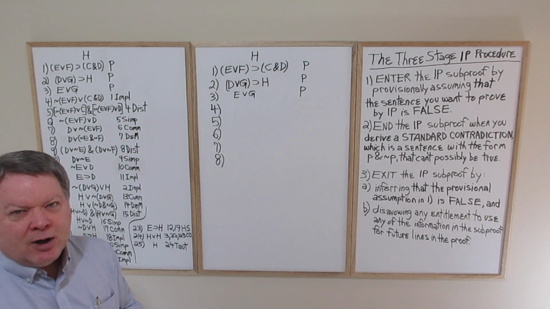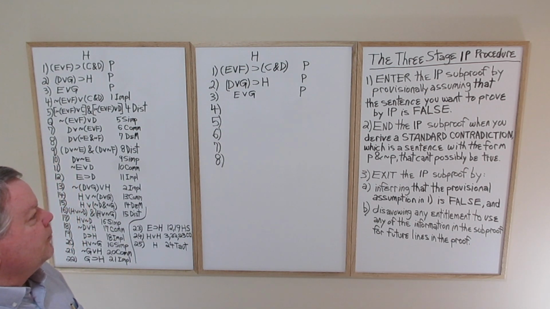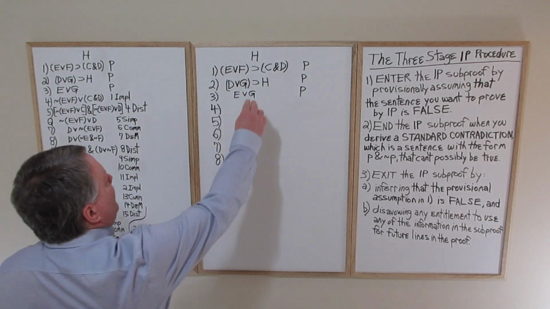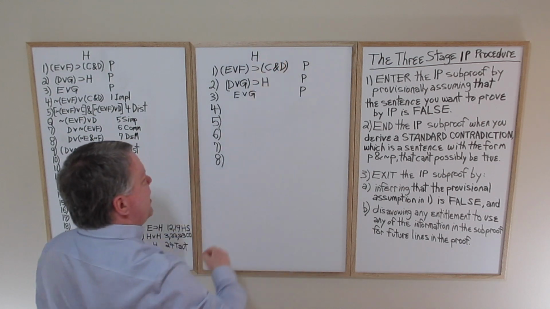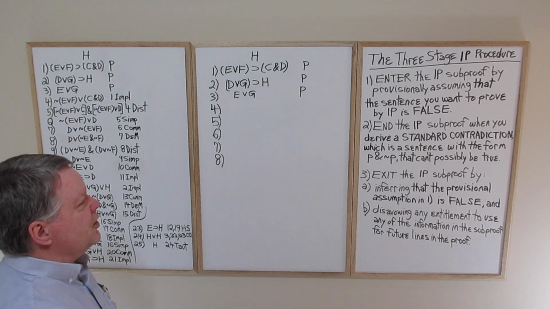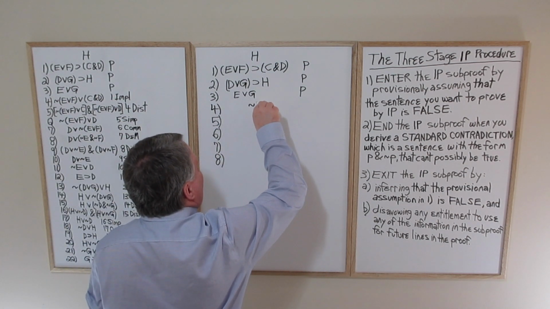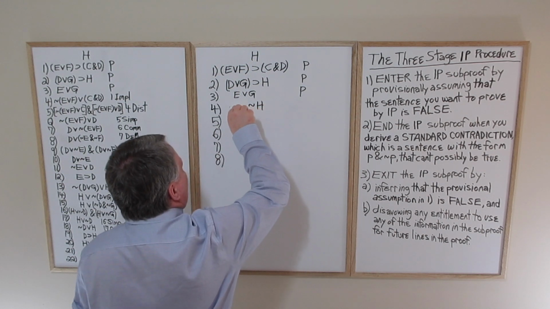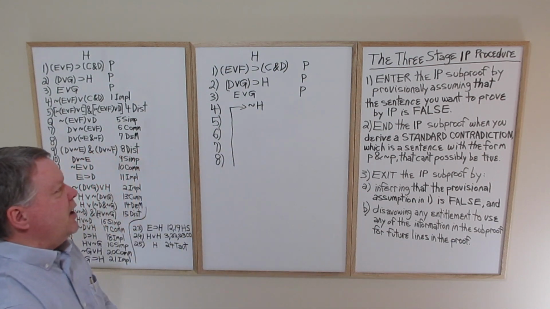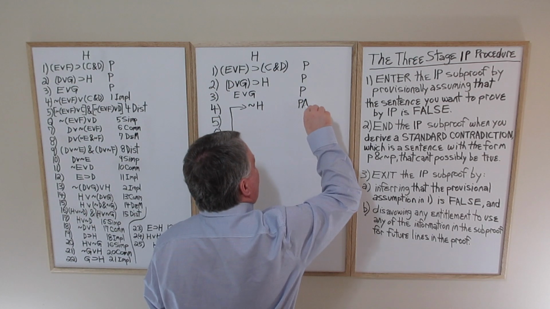That might sound like a strange strategy to adopt, but bear with me. So, the sentence we want to eventually derive is H. So, according to the three-stage IP subproof procedure, we enter the subproof by provisionally assuming that H is false, or another way of putting it, that tilde H is true. So that's our provisional assumption.